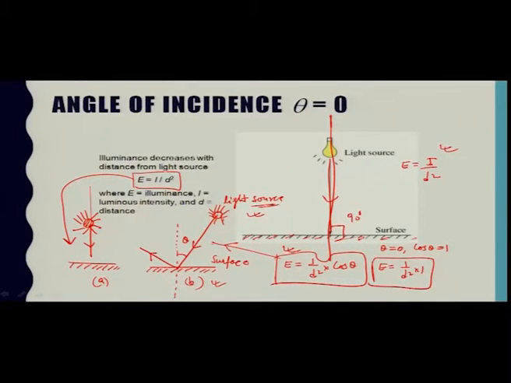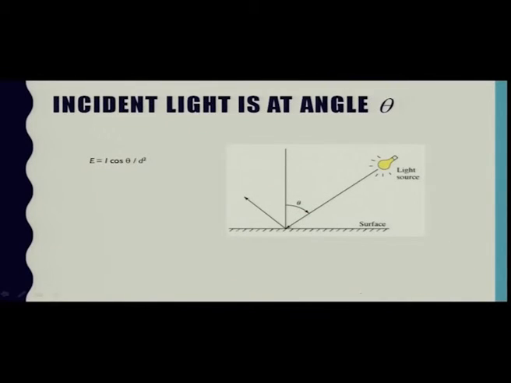That equation and this equation are the same. So the angle of incidence should be measured from the direction of the normal to the surface. So this is the incident light at some angle, let's say theta, that we have described.